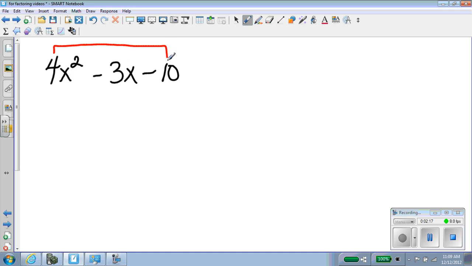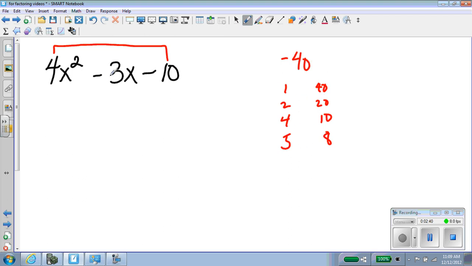4 times negative 10 is negative 40. Factor pairs: 1 and 40, 2 and 20, 4 and 10, 5 and 8. It's a negative 40, so one of these two has to be negative.